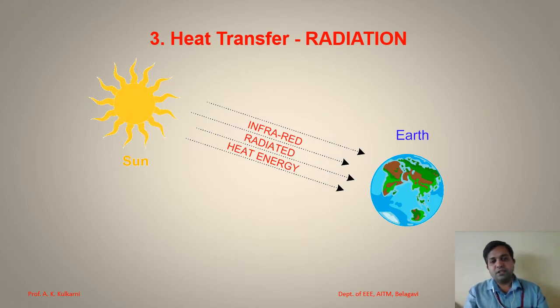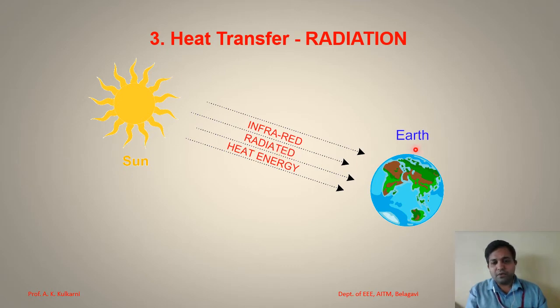The next method of heat transfer is radiation. The best example for radiation, as I told in the previous session, is the heating of the earth's surface. The earth is getting heated up due to the rays emitted by the sun. The sun emits these infrared rays, heat energy, and all these rays fall upon the earth's surface.